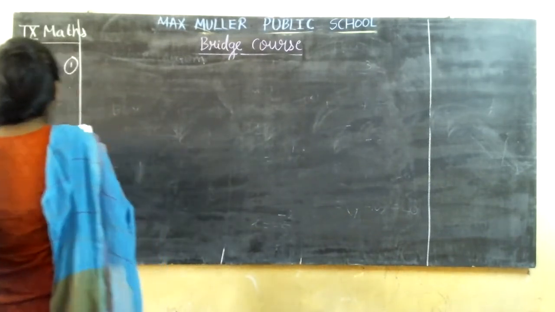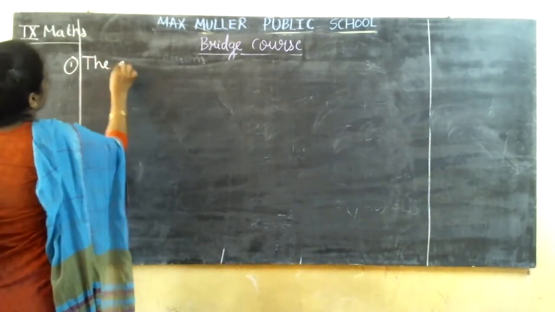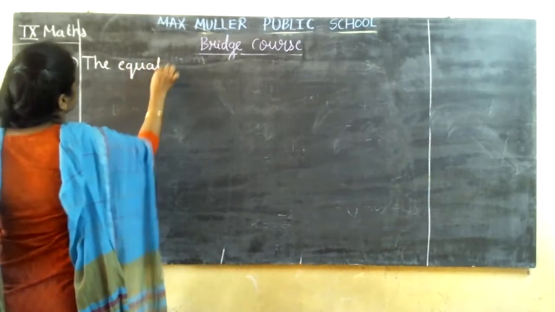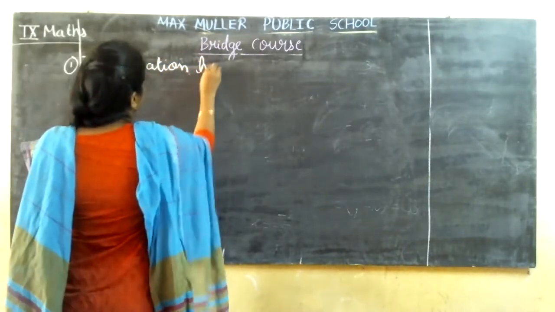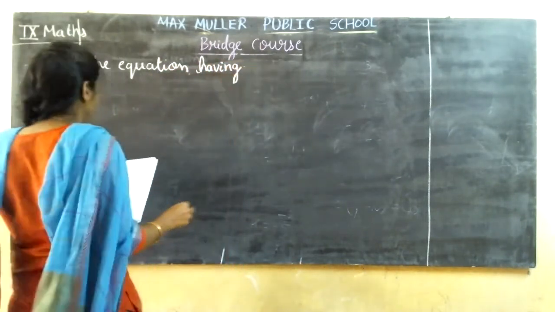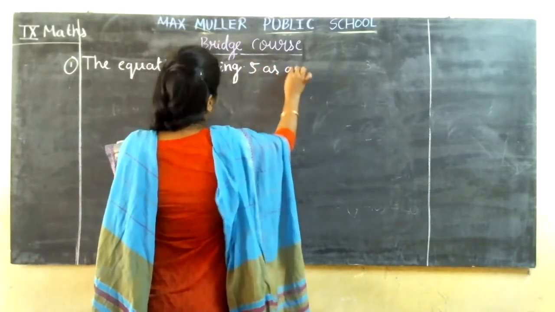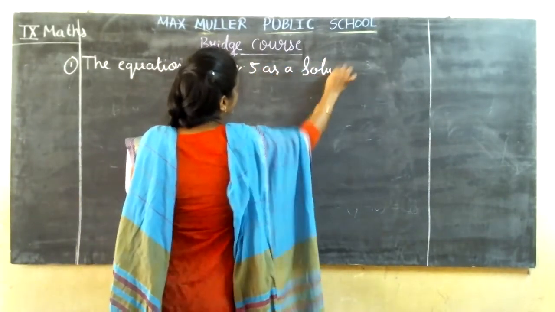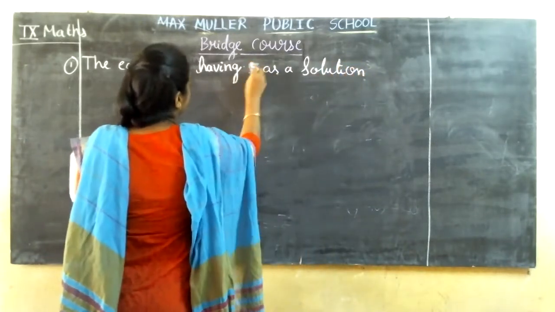Write down: the equation having 5 as a solution. The equation having 5 as a solution.